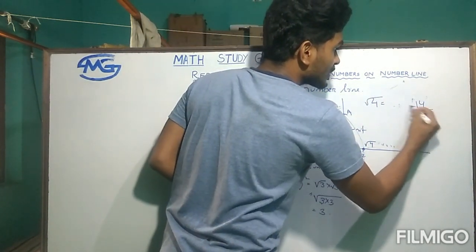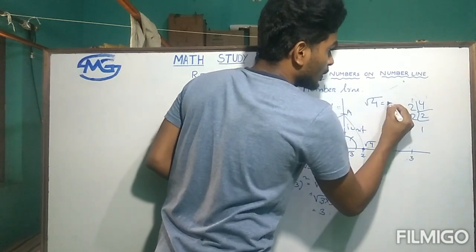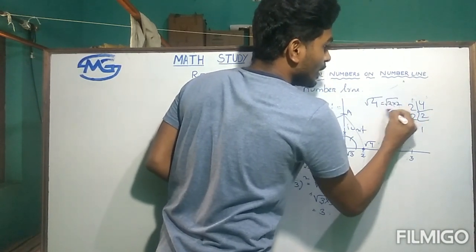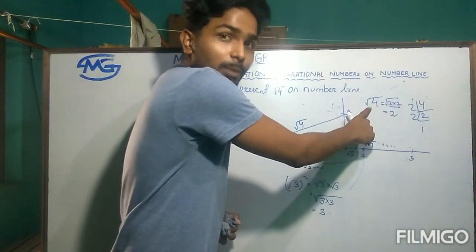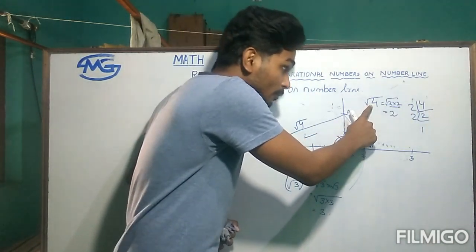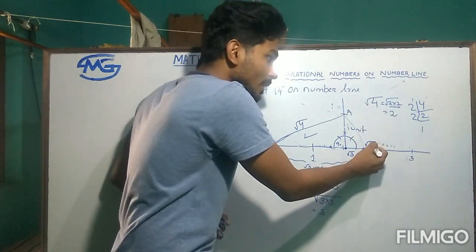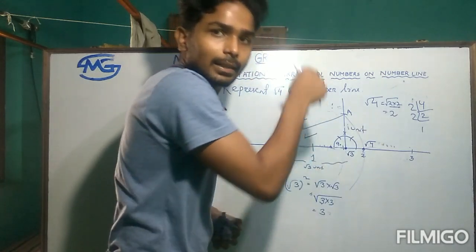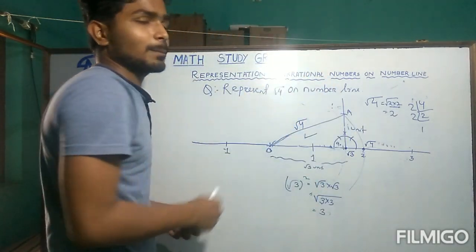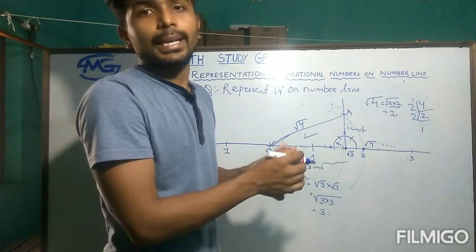Factorize it. We can write 2 into 2. So for this 2 pair you will get 2. The value of the square root of 4 is equal to 2. That's why the square root of 4 will intercept the number line at the point 2. In this way we can represent root 4 on the number line.